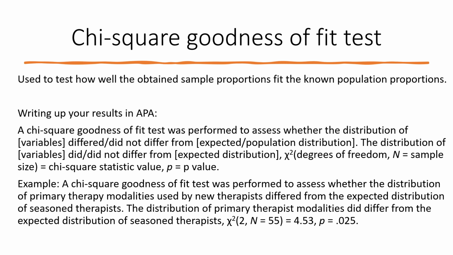The distribution of primary therapist modalities did differ from the expected distribution of seasoned therapists. Chi-square with your degrees of freedom, your n, followed by the number that is your output and your p-value.